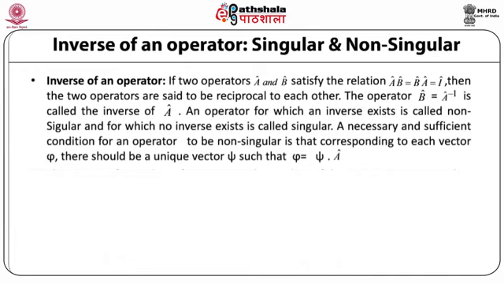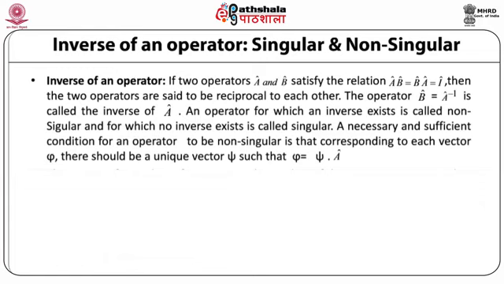The operator B is then defined as operator A inverse and is called the inverse of operator A. An operator for which an inverse exists is called non-singular, and an operator for which no inverse exists is called singular.